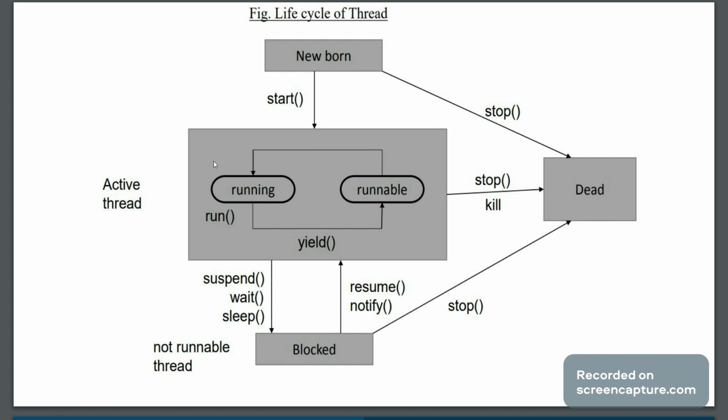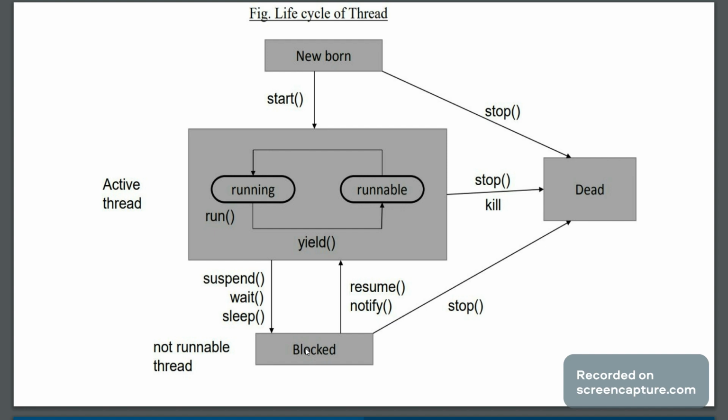When the thread is running on the CPU, we can block that particular thread for some time by using the suspend, wait, or sleep method. These three methods can be used to send a thread from running state to blocked state.